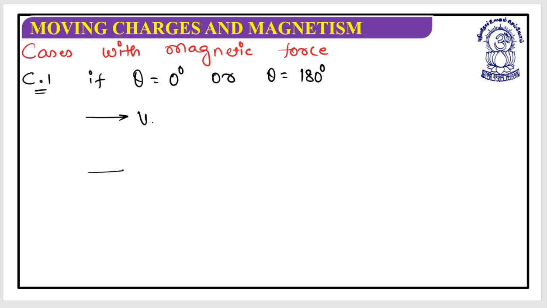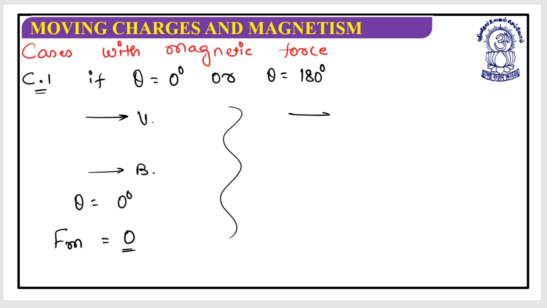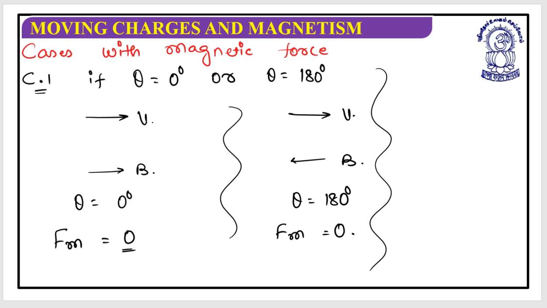This is V, this is B. In this case theta is equal to 0 degrees, so my magnetic force would be 0, which we have understood from the previous slides. If this is V and this is B, that means theta is equal to 180 degrees, so my magnetic force would again be 0. In both cases the magnetic force is 0.